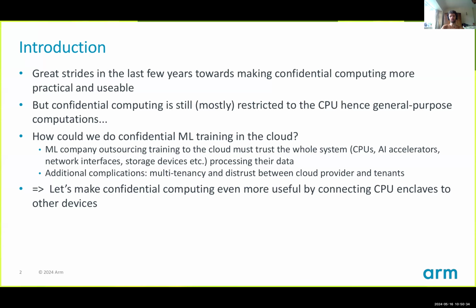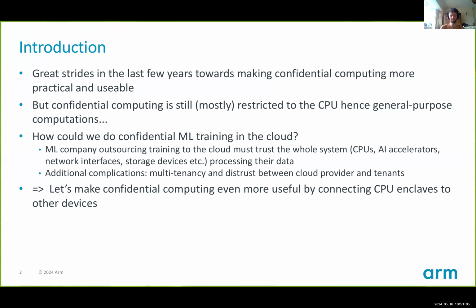It's a complex system encompassing not just CPUs, but AI accelerators, network interfaces, storage devices, and so on. All those devices are going to process your data, so your data is going to transit between all those computing nodes and be processed on those nodes.